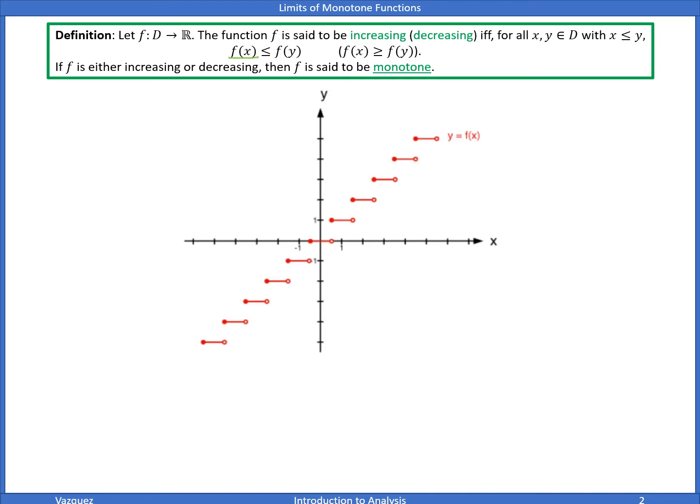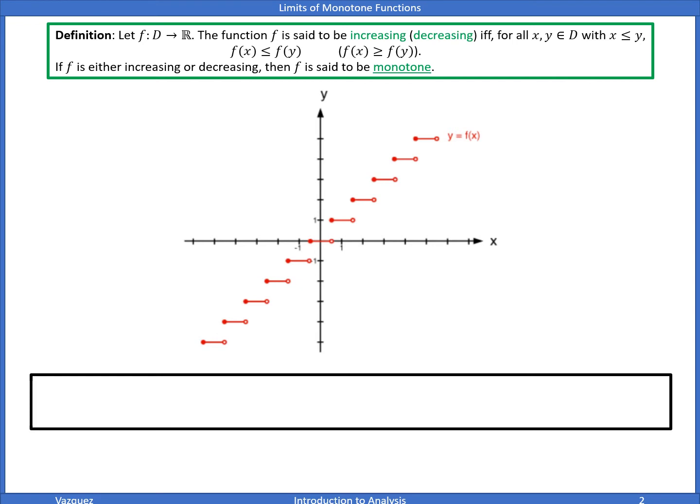So if we take a look at the picture, the step function, what do we have? Well, this is an increasing function, right? At all the points, this holds true. As long as x is less than or equal to y, this inequality holds true. So this is an increasing function.